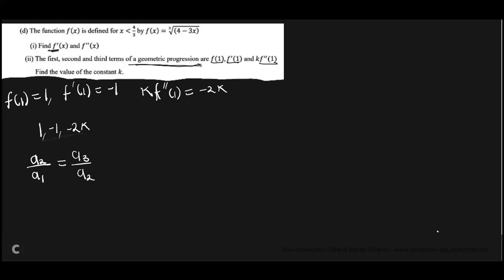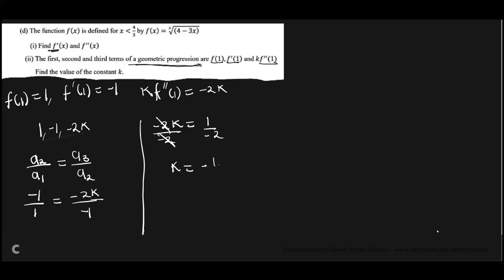Now the second term is negative 1 over 1, equal to negative 2k over negative 1, such that you multiply negative 1 times negative 1, then 1 times that, meaning that you have something like 2k equal to positive 1. Then you divide by 2, divide by 2, such that your k is equal to negative 1 over 2. So that is how you solve those questions.